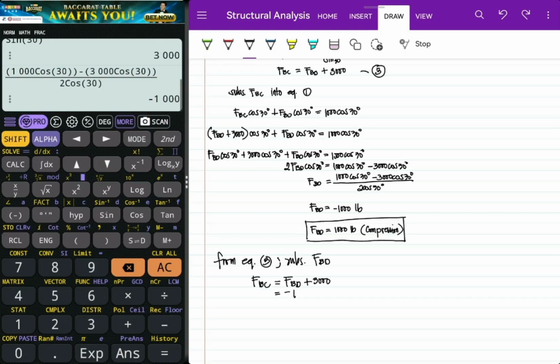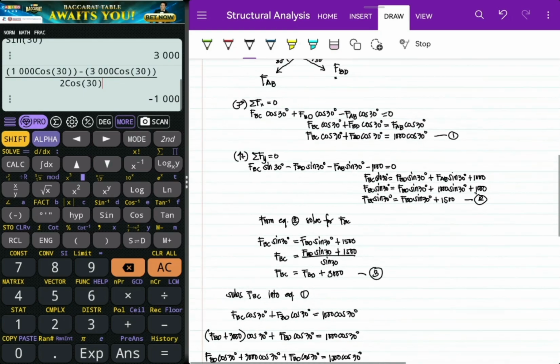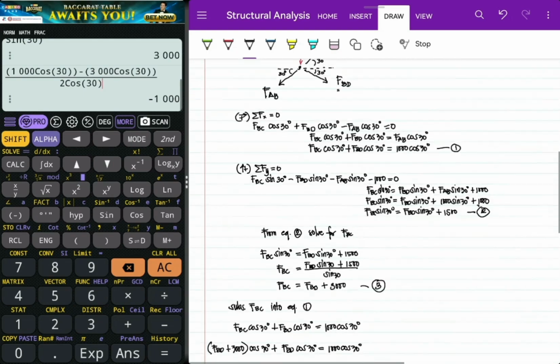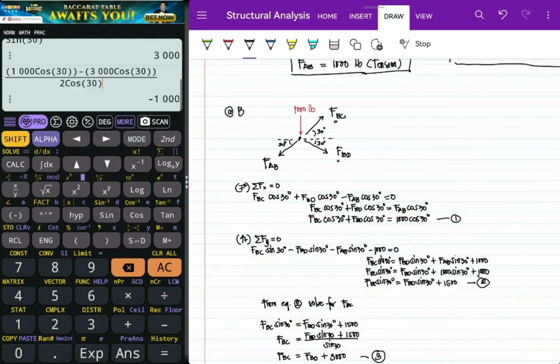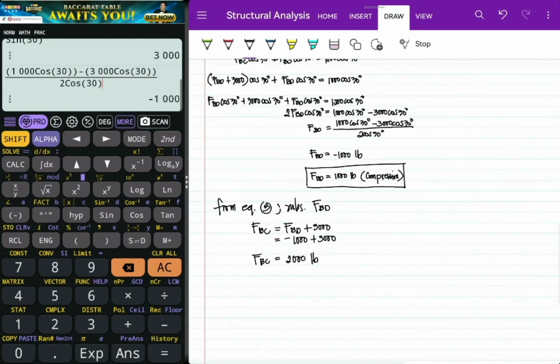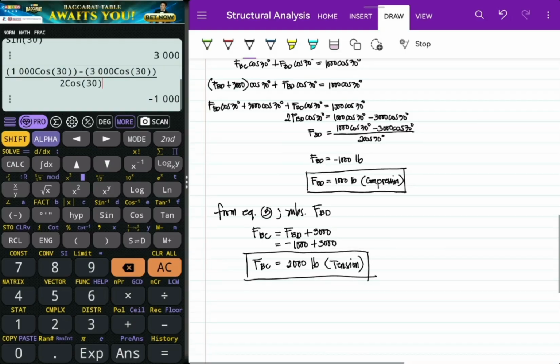Negative 1000 plus 3000. Therefore, FBC is positive 2000. And we ended up with a positive answer for BC. It means that indeed BC is tension. So this is tension.